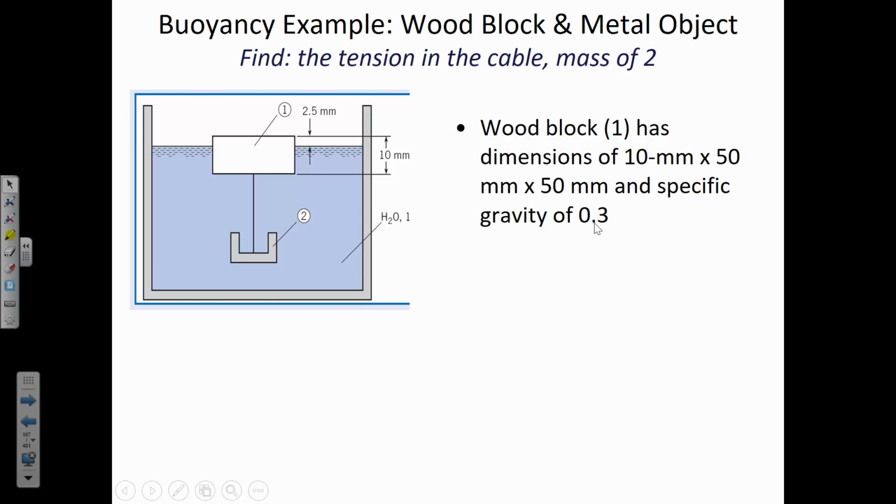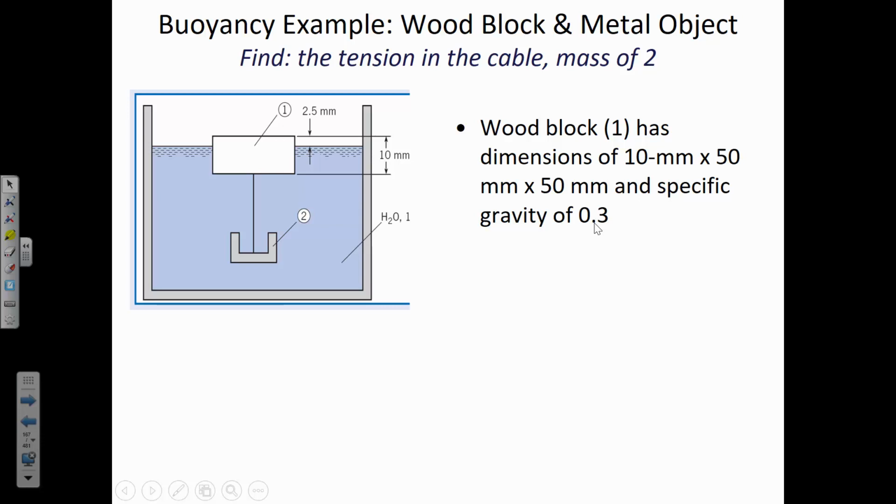So we've got the tension in the cable. What other force is there? Okay, there's the weight of the block also acting down. And finally, buoyant forces are acting up. I'm going to move that over to the side here, F sub B. The location of that buoyant force would be in the center of the object, but I just don't want to draw the tension and the buoyant force on top of each other.